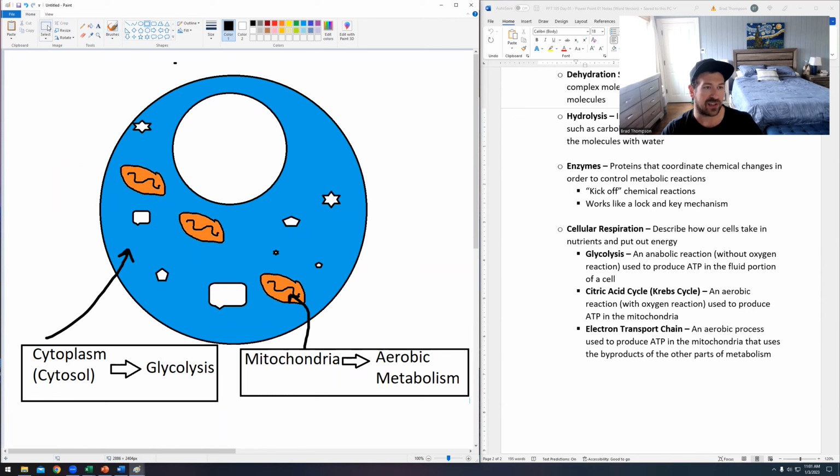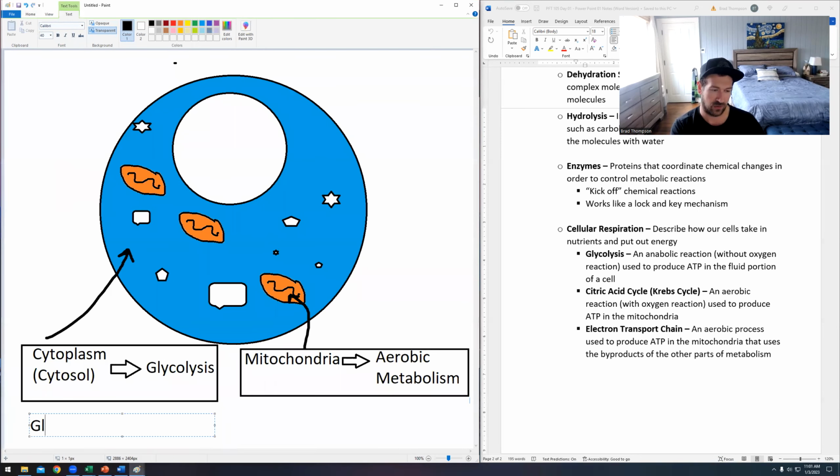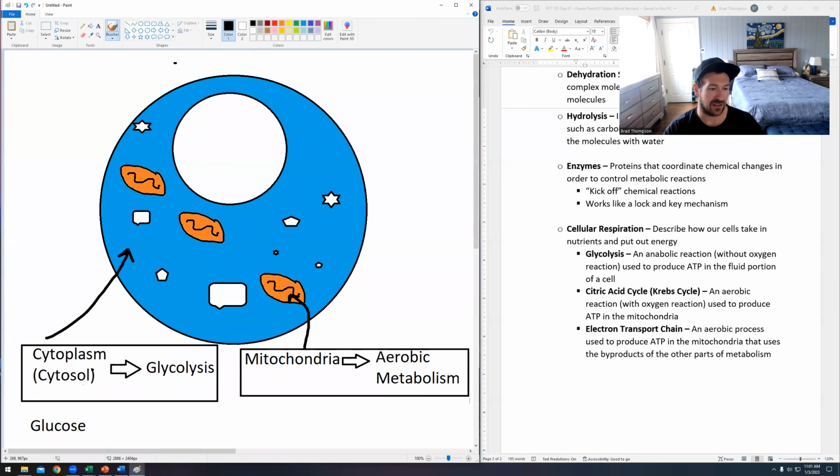So if I were to say sugar goes in, we'll say glucose, out here you're going to get ATP. But you are also going to get a byproduct. Here's the big thing about glycolysis, guys. You get ATP, but you also get lactic acid as a byproduct.